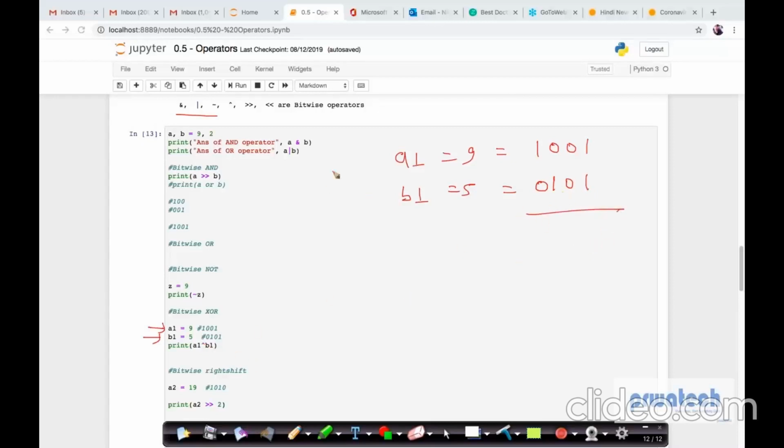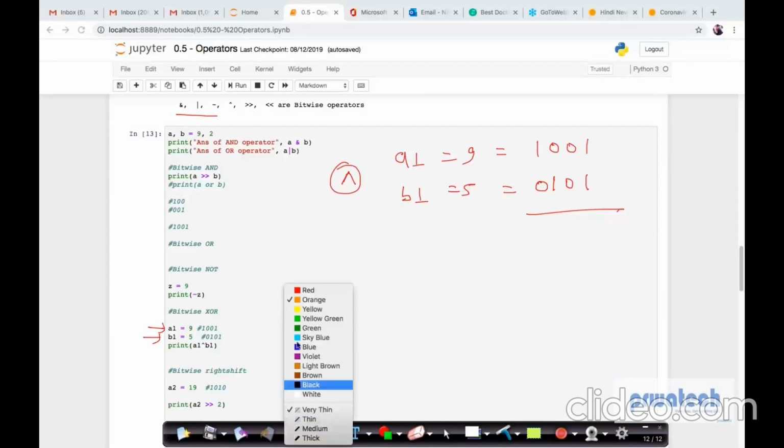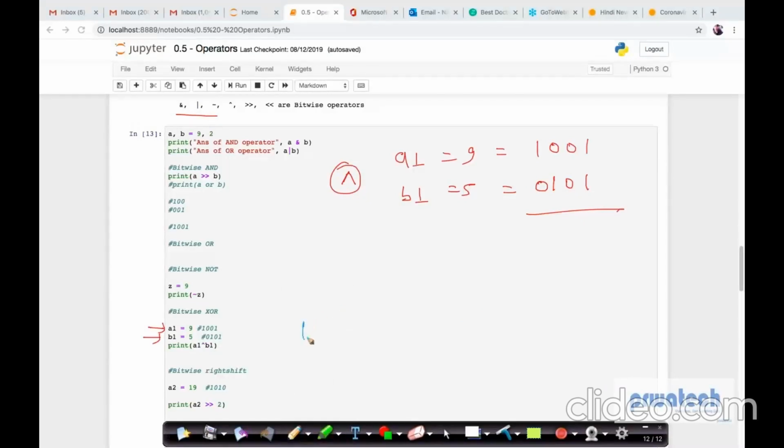And we are using an operator called XOR operator here. So XOR operator says, now I'll change the rule.